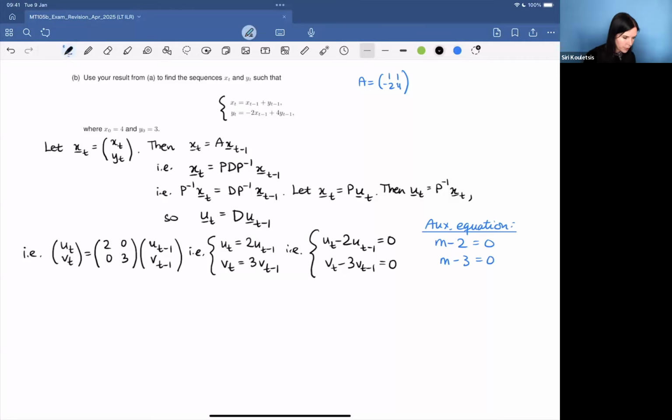And so the general solution we are going to find: ut is a times 2 to the t, and vt equals b times 3 to the t, where a and b are arbitrary constants.